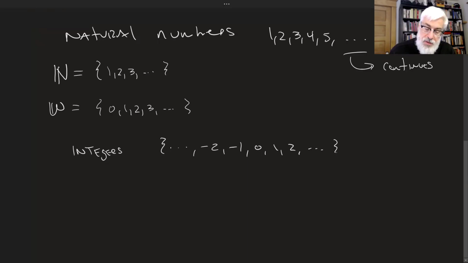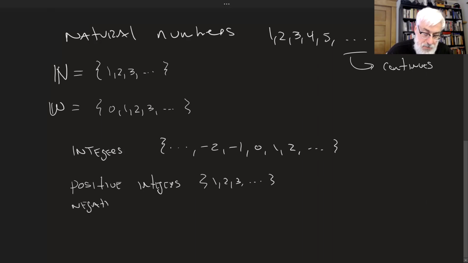So that is the set of integers, and notice we have positive integers, which of course are 1, 2, 3.